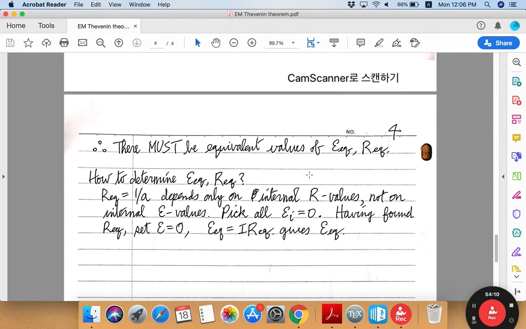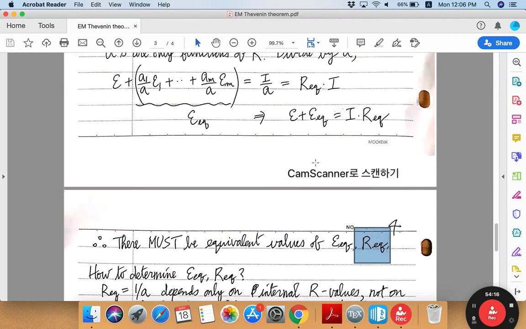Now, what about epsilon equivalent? Well, once you have found R equivalent already, therefore you know what this is, then epsilon equivalent is obtained by taking epsilon to be 0. Okay?